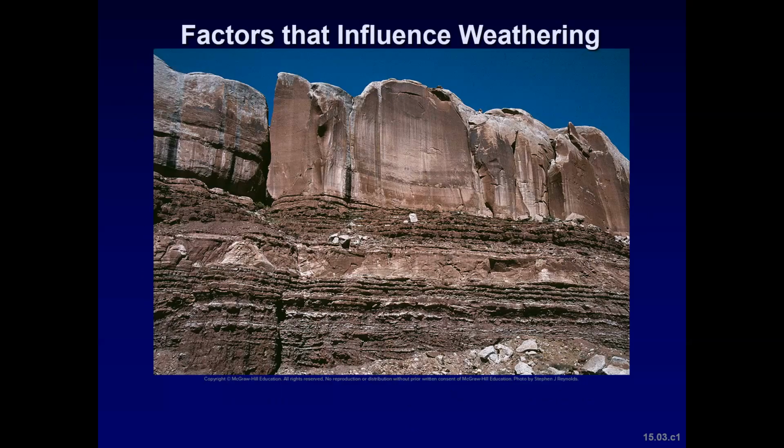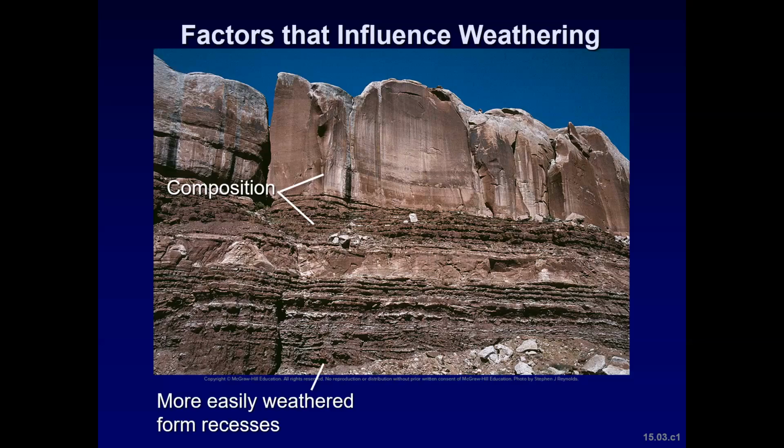Okay, so more factors here that can influence weathering. The composition, the type of minerals a rock contains influences how it weathers, as we spoke about. The variation in composition matters too, because some outcrops have different parts with large contrasts in susceptibility to weathering.